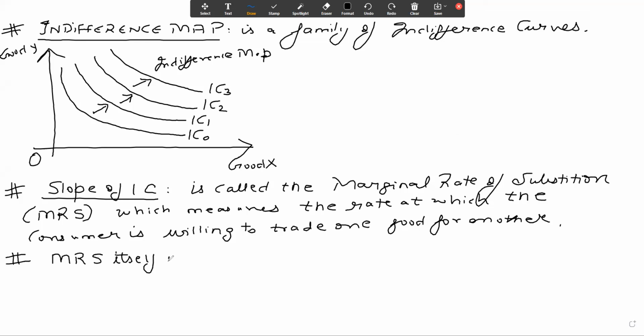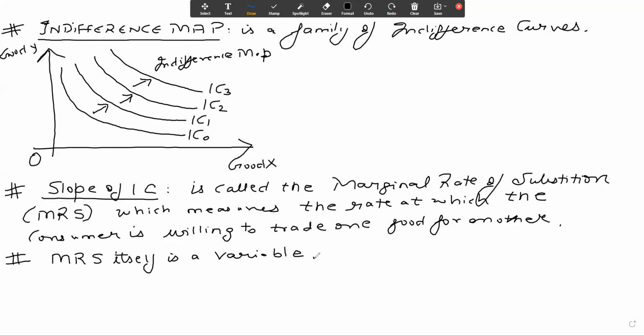It is not a constant. The slope is a constant if your line is linear. If you recall the slope of the budget line, which was the ratio of the market prices, that was constant because the prices were assumed to be fixed.